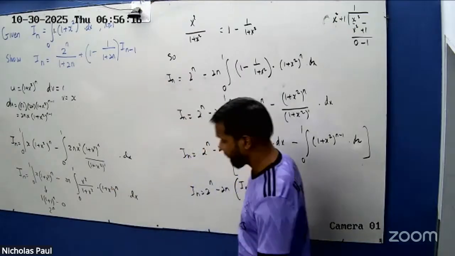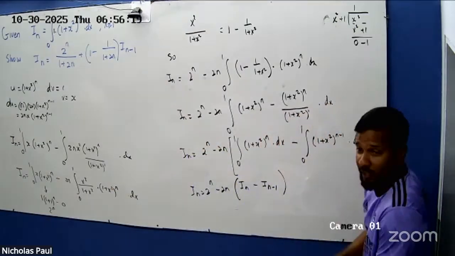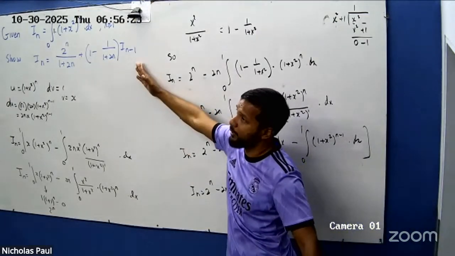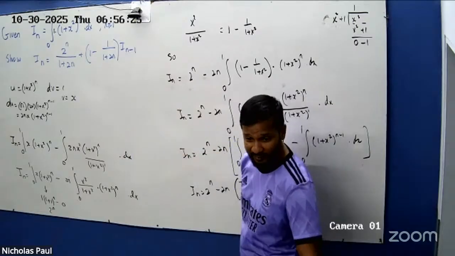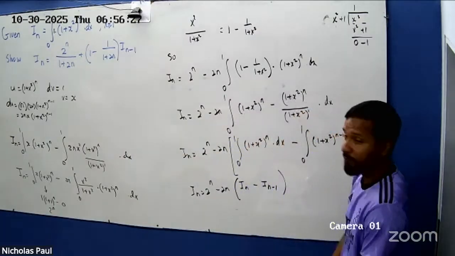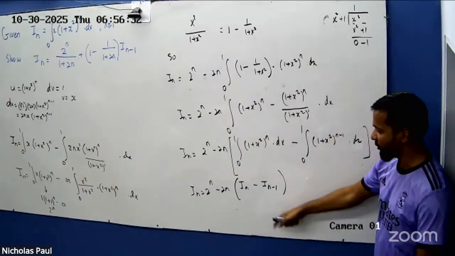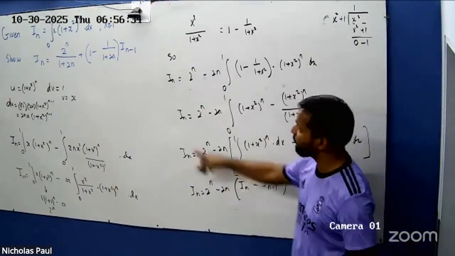Okay? So this is basically a reduction formula. There are questions where you're going to have to think outside the box. You're going to have to try something. Finish up the rest of them, right? You still have 3 more lines.